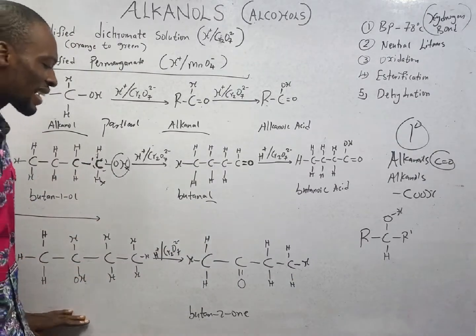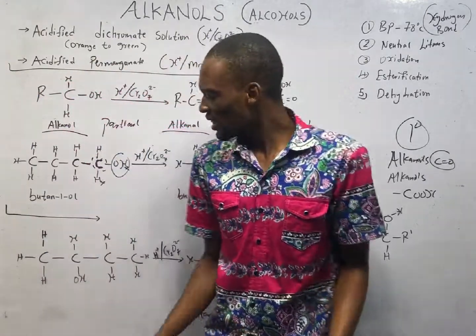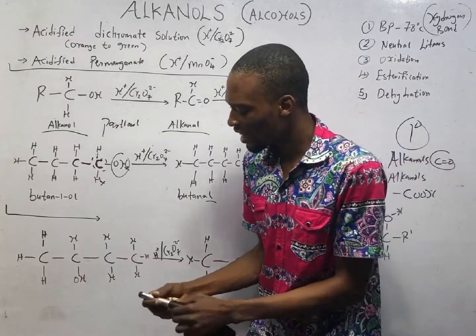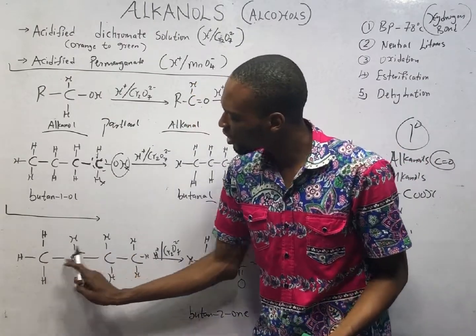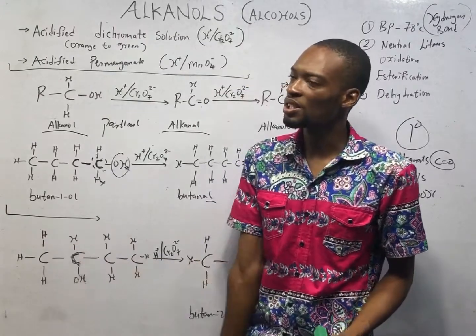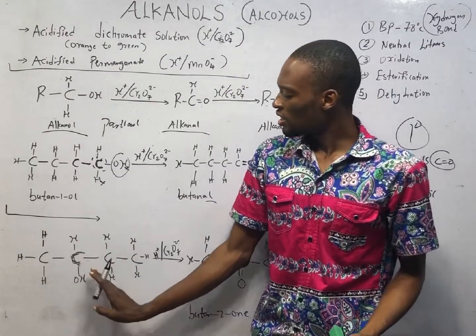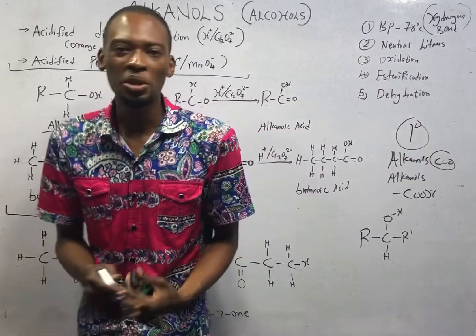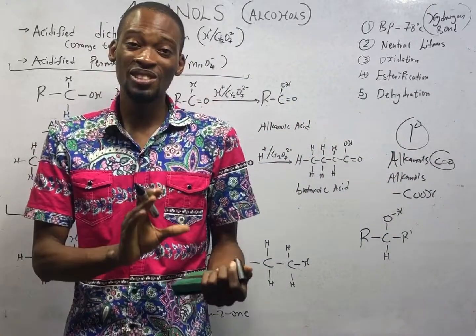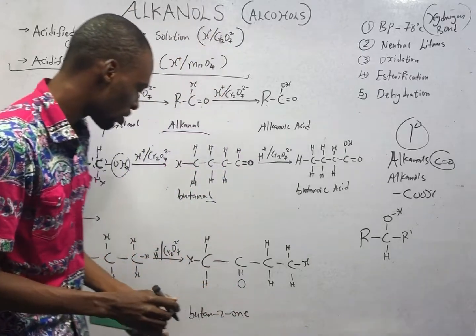How about secondary alkanols? Looking at this alkanol, you see this is the carbon carrying the OH or the functional group. You have two other carbons directly linked to it. This is a secondary alkanol. When you oxidize secondary alkanols, you form alkanones.